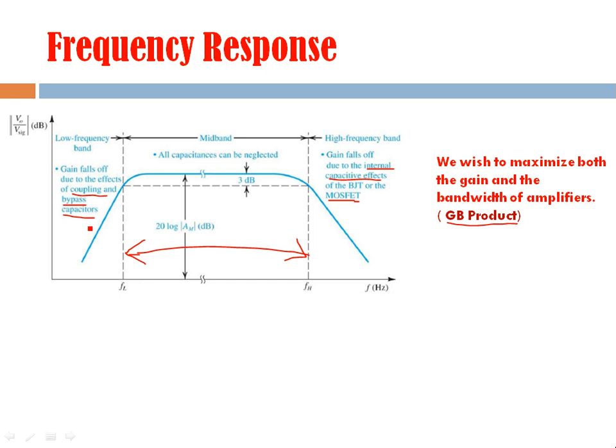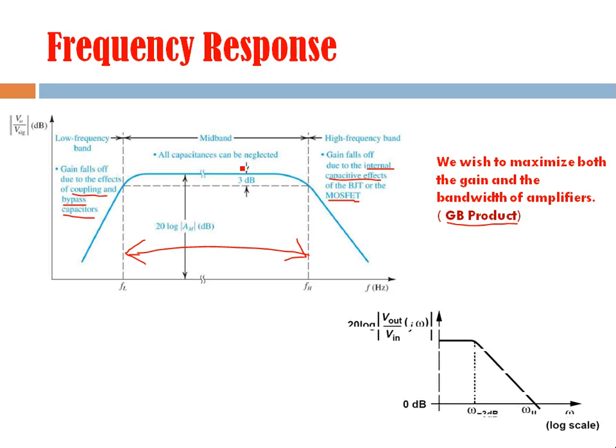Now this case is true if we are using an RC coupled amplifier, but sometimes we use direct coupled amplifiers. For example, the differential amplifier case, which we are going to cover in this discussion. Differential amplifiers utilize direct coupling, and there are no bypass capacitors.